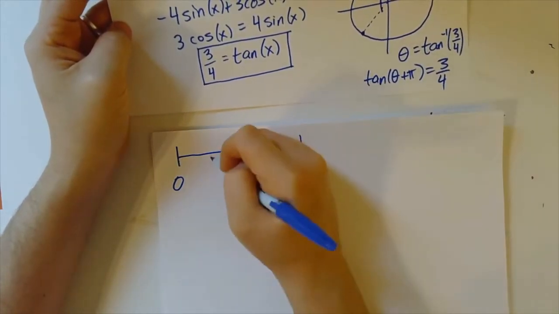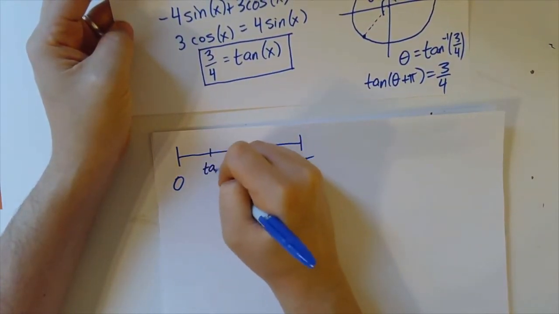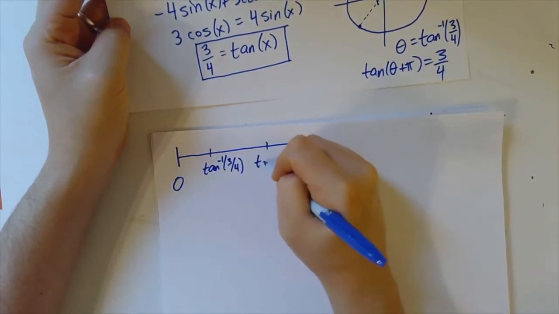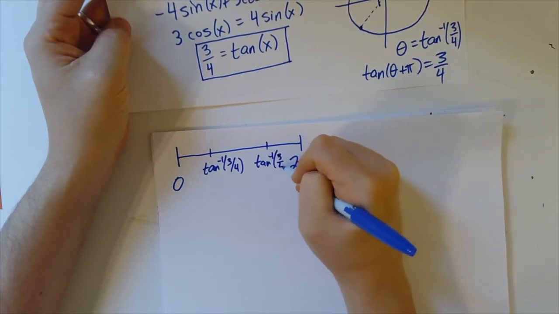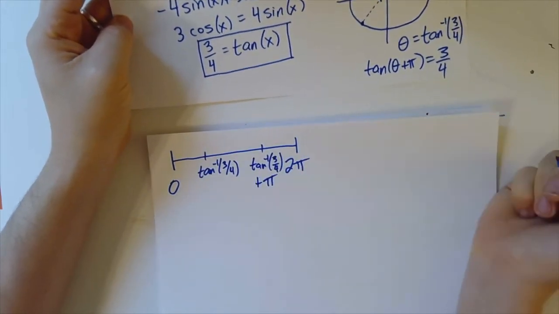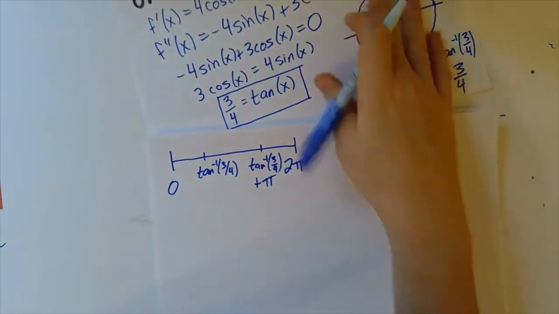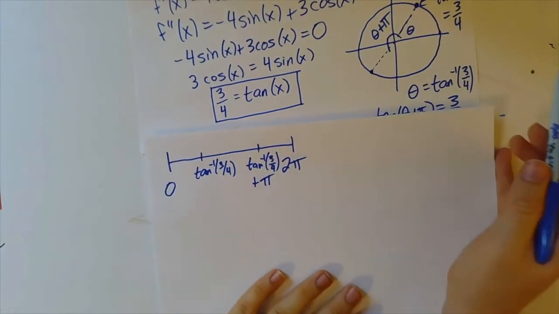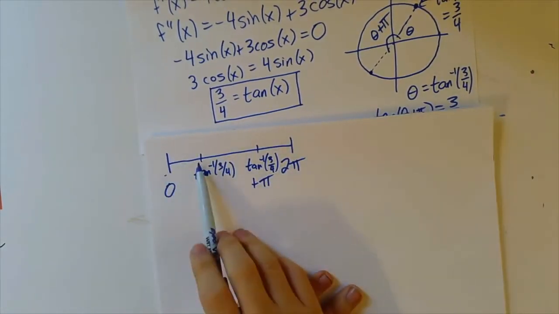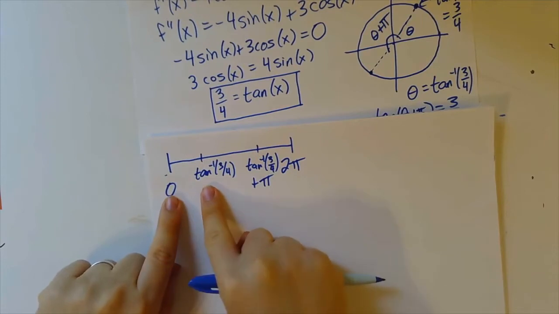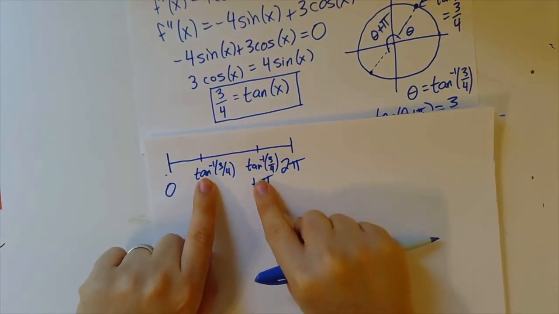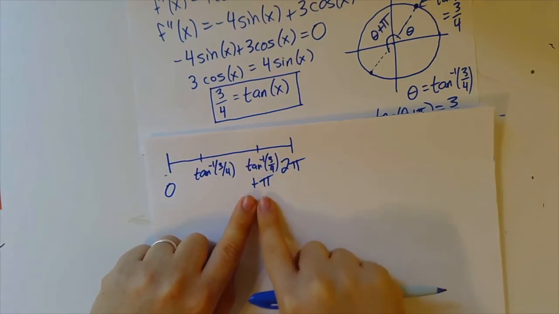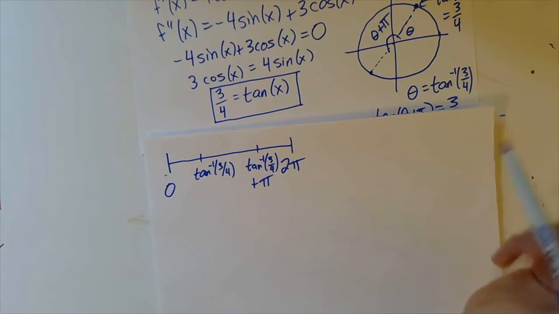Or if you want, I could write this as the inverse tangent of 3/4 and the inverse tangent of 3/4 plus pi. Okay, now I want to figure out on each of these three subintervals, the one from 0 to inverse tangent of 3/4, the one from inverse tangent of 3/4 to inverse tangent of 3/4 plus pi, and the one from inverse tangent of 3/4 plus pi over to 2 pi, whether the function's concave up or concave down.